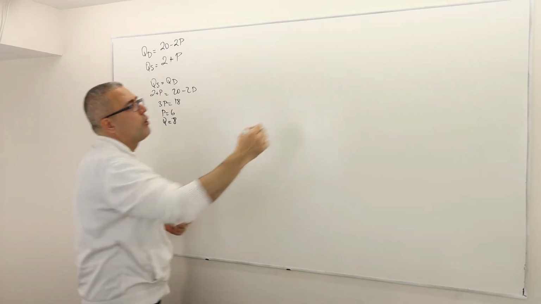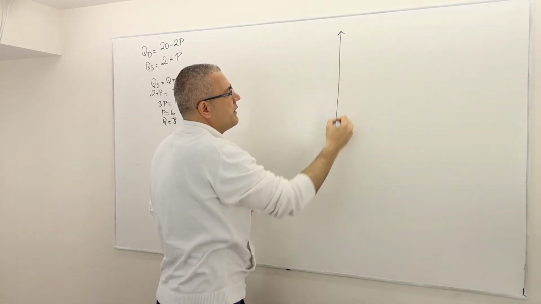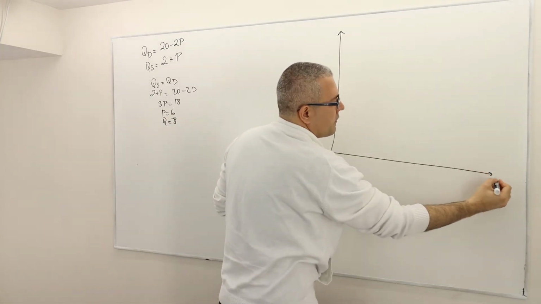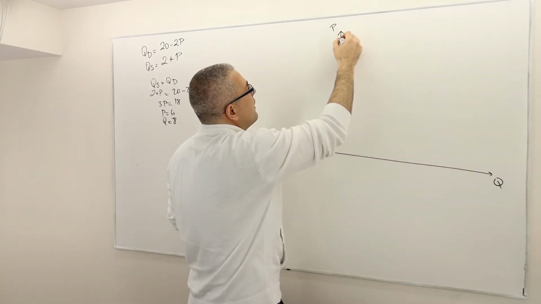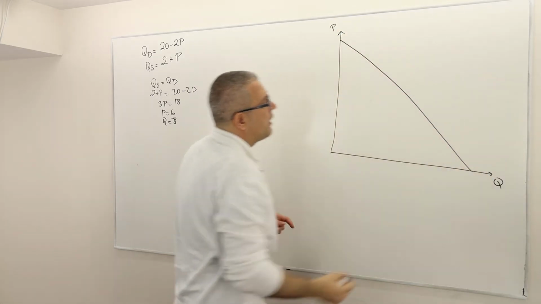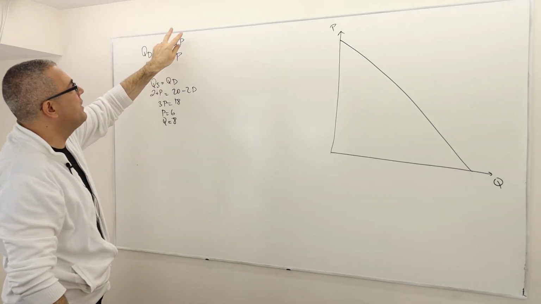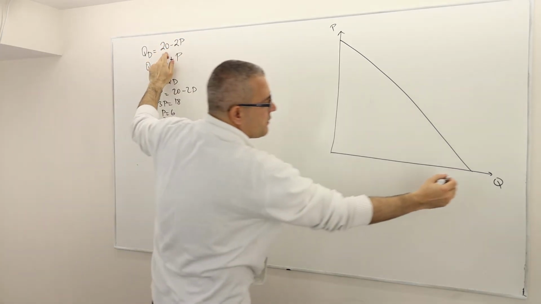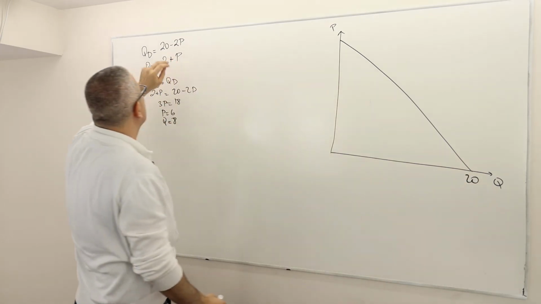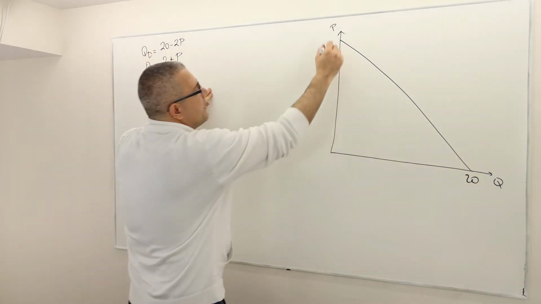All right, so let's draw this because I think I will need this graph anyway. So this is quantity, this is price. So this is the demand curve. Let's figure out the intercepts. When P is 0, quantity demanded is 20. So this is 20. And when Q is 0, price can be 10.